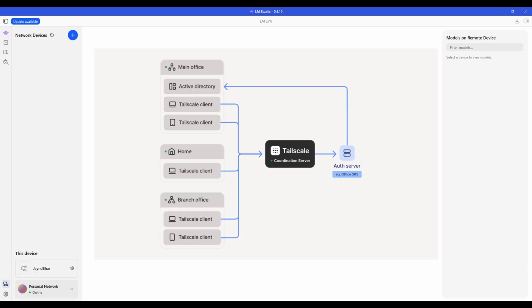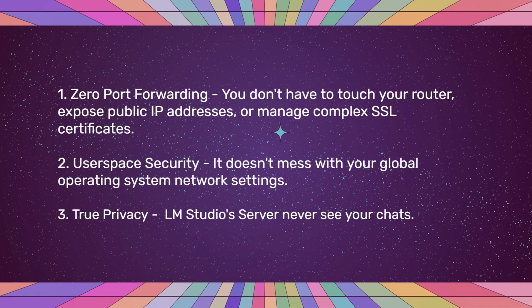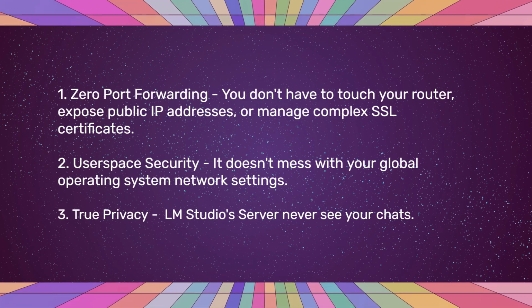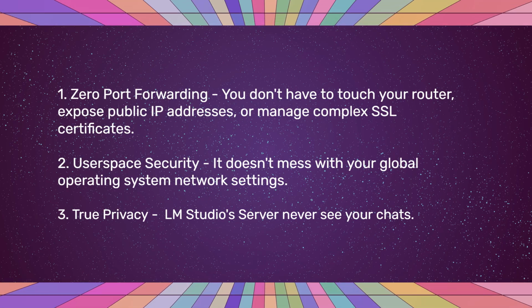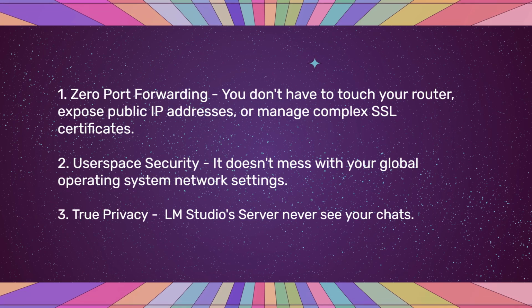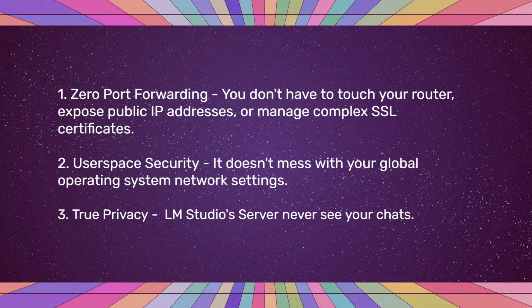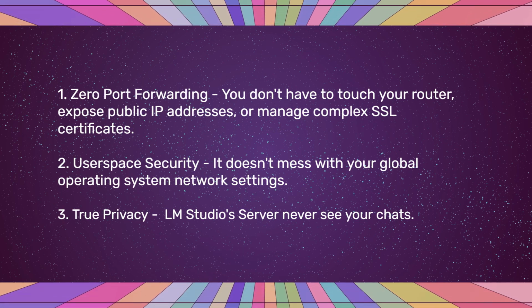So why is this such a huge thing for privacy? First of all, there is zero port forwarding. You don't have to touch your router, expose public IP addresses, or manage complex SSL certificates. That is too much pressure. You have to keep on changing SSL certificates every 3 months, so you don't have to do that.